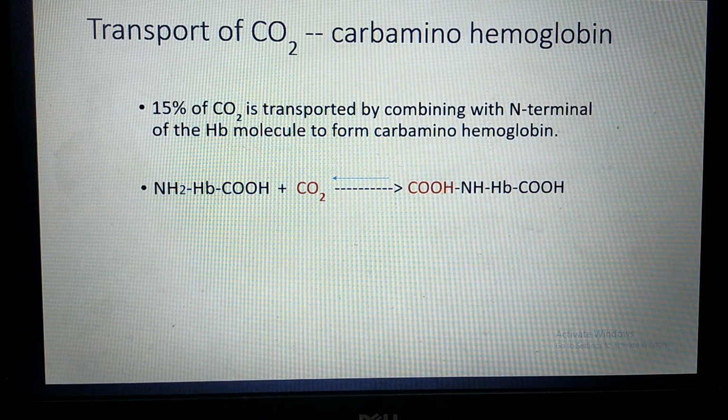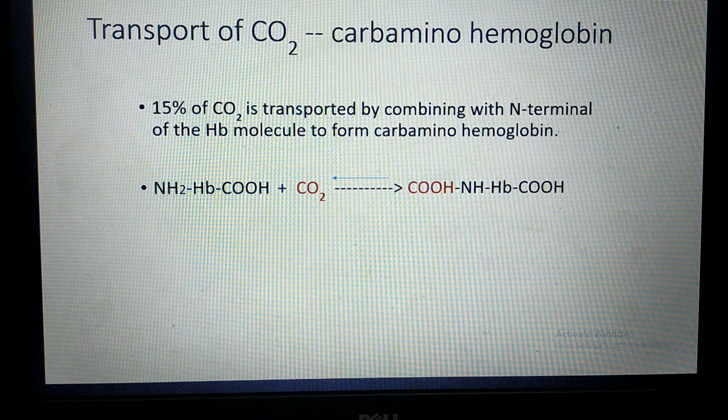Next is transport of carbon dioxide in the form of carbaminohemoglobin. 15% of the carbon dioxide is transported by combining with the N-terminal of the hemoglobin molecule as shown in the reaction to form carbaminohemoglobin. So, the globin chain is a protein.